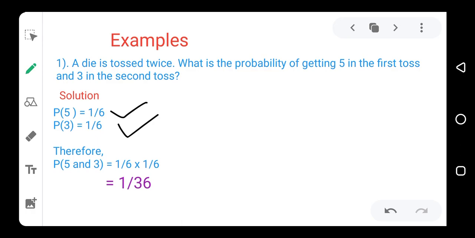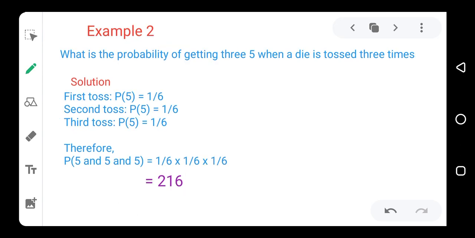Since this is an independent event joined with AND, the probability of getting 5 and 3 is equal to the probability of getting 5 times the probability of getting 3, which is 1 over 6 times 1 over 6. This gives us 1 over 36. That is the answer.